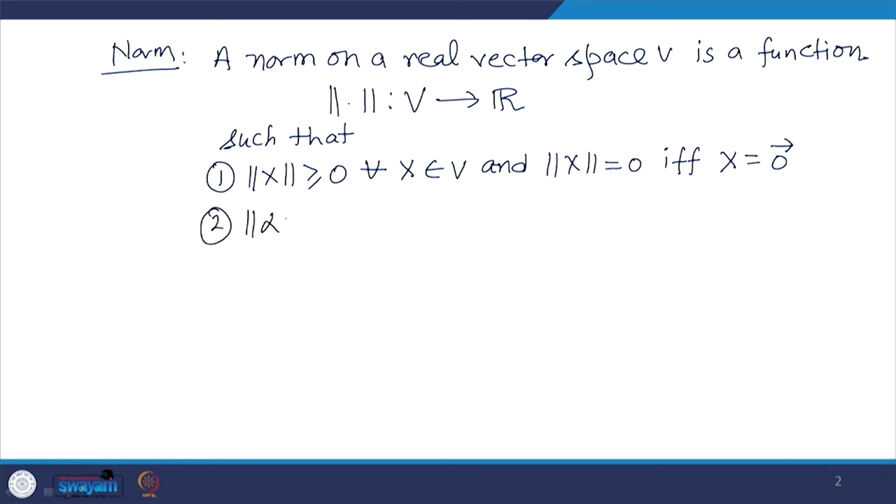The second property is, if you multiply the vector x by a scalar alpha, then the norm equals the absolute value of alpha times the norm of x, for all x belongs to the vector space V and alpha belongs to the field R.